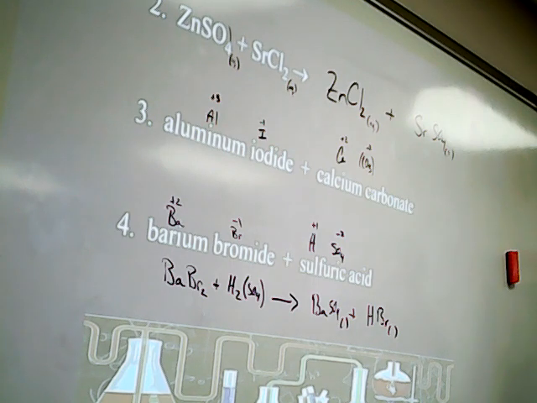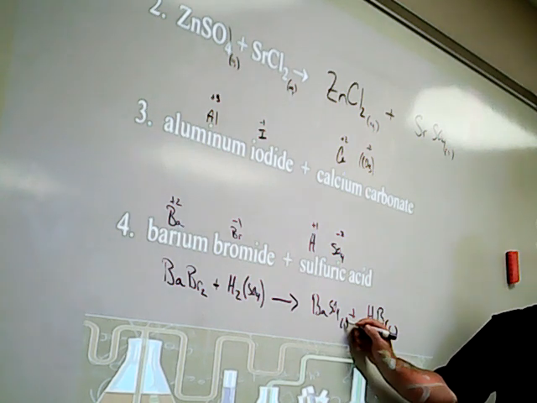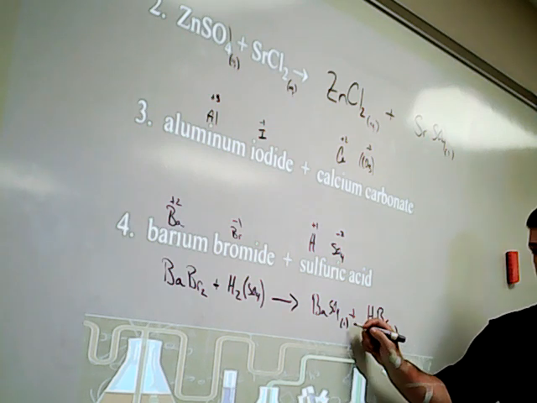Sulfate is always going to be soluble, which means it's going to be aqueous, unless it's attached to barium. Barium is an exception, right? Yep, and so that's solid. So that's going to turn that into a solid.